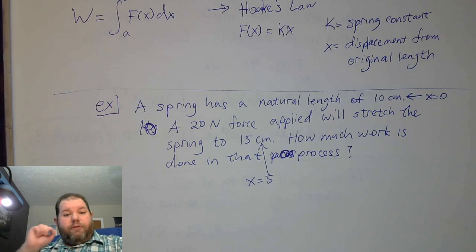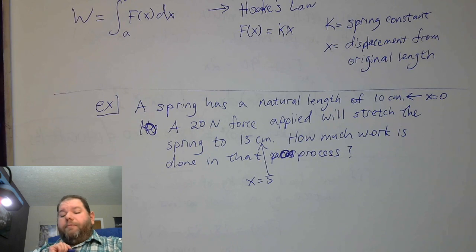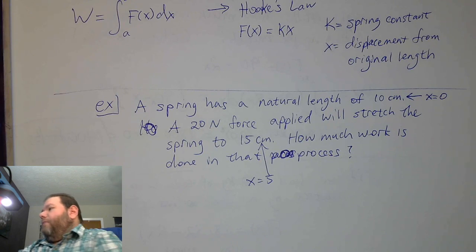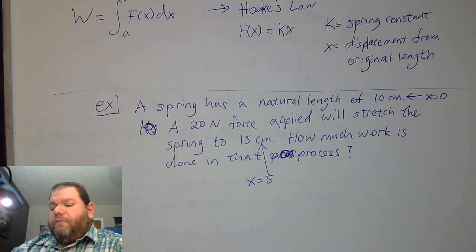So the main thing with working with springs is that all the distances or measurements are relative to this original position, this original length. Okay, so we have x equals 0 to x equals 5.